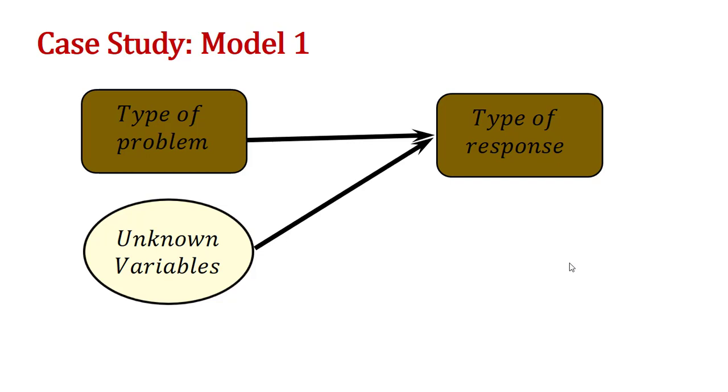Why are we using multinomial and not a linear model? Because a linear model requires that the dependent variable, type of response, is numerical, and in this case we don't have a numerical variable, we've got a nominal variable, and things are complicated because this one is also nominal.